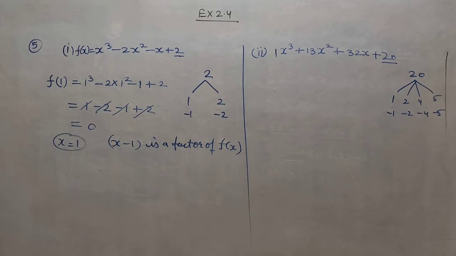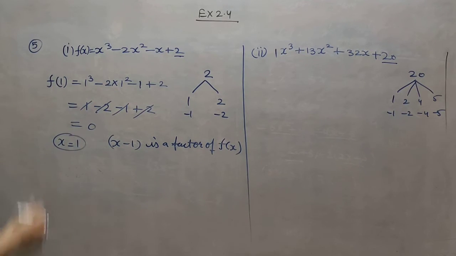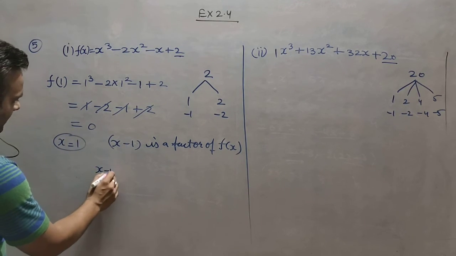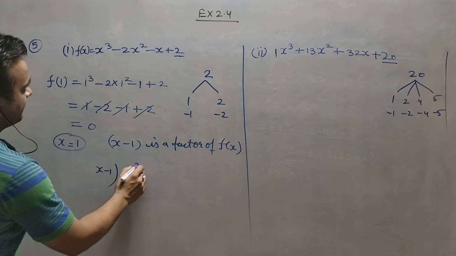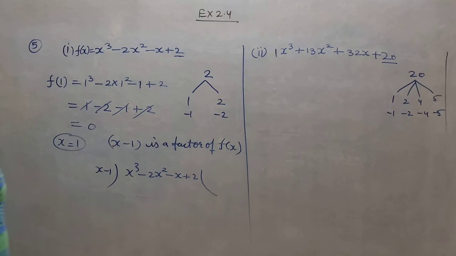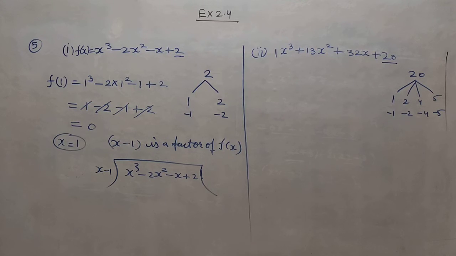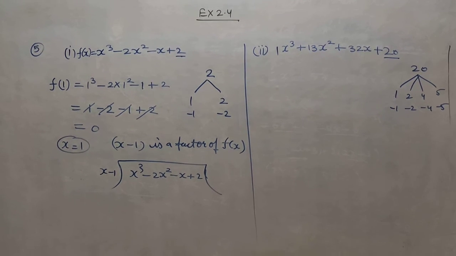Now what are the other two factors? We can put other values, or we can do one thing. We will divide the given polynomial by this one. You know the division process. So what you will do here, you will divide it. So first of all we will take x square, right?